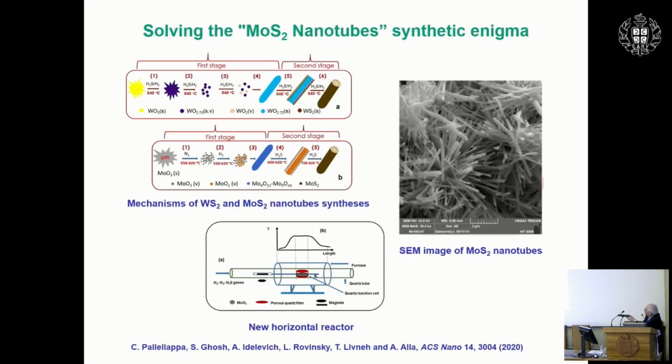So if you start from tungsten oxide, you use tungsten oxide nanoparticles, and they elongate into nanowhiskers, and very easily they are sulfurized between 800 degrees to 900 degrees. And this is not possible for molybdenum oxide because molybdenum oxide evaporates at around 700 degrees. It sublimes, basically.